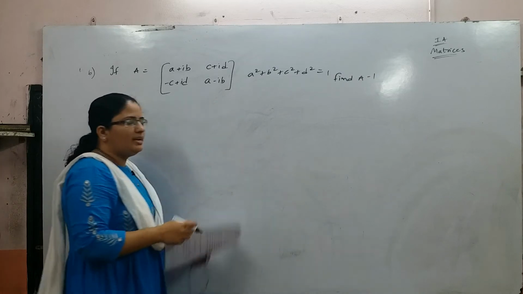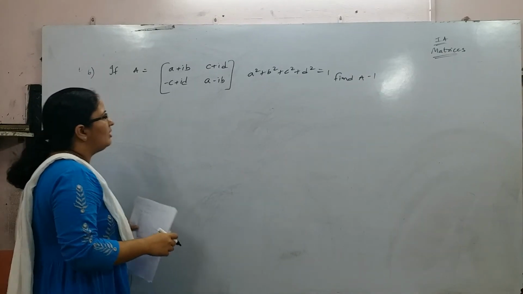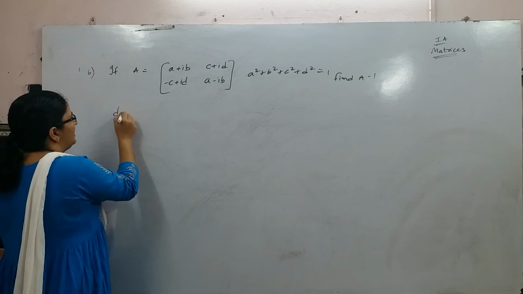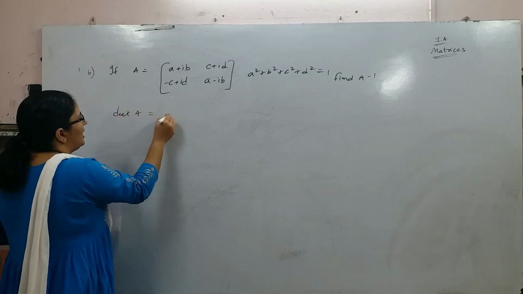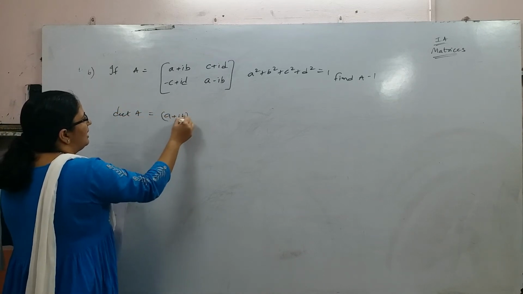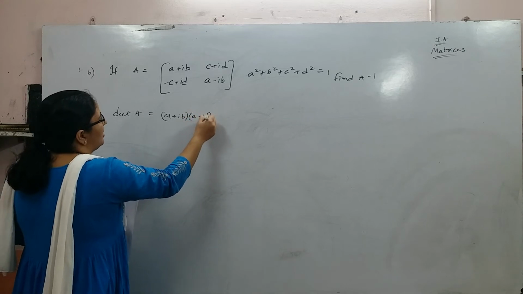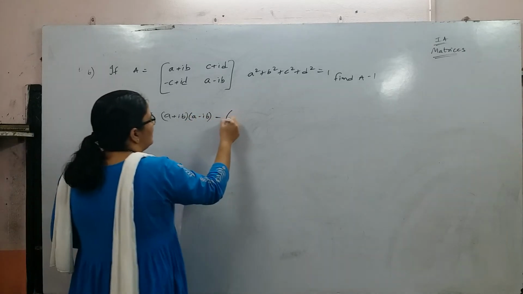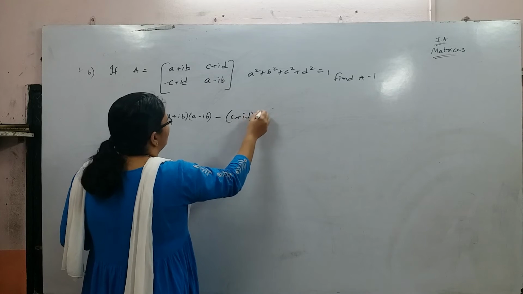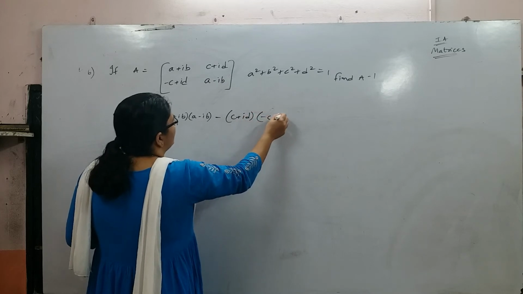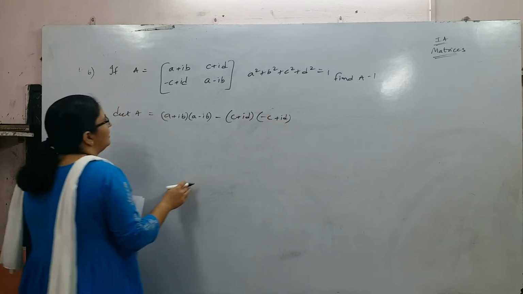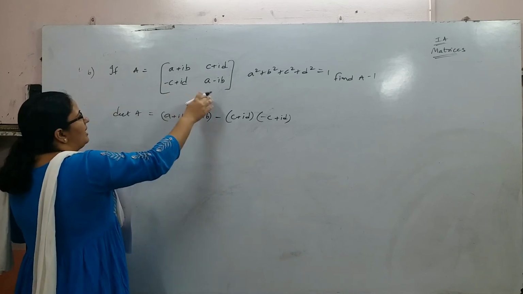First of all, to find A inverse, you have to find the determinant of A. Determinant of A is equal to (a plus ib) into (a minus ib) minus (c plus id) into (minus c plus id), AD minus BC.